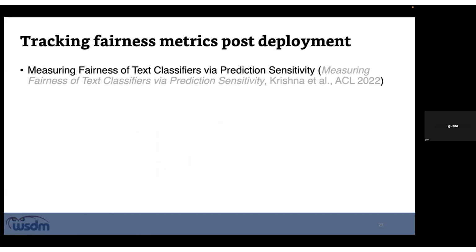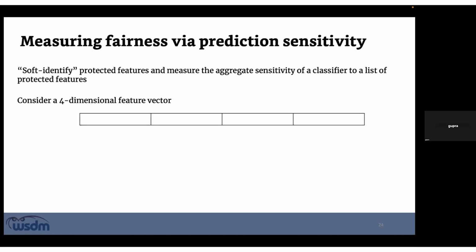Finally, I'll talk about tracking metrics post deployment. This is another paper that we published at ACL. The idea here, I'll try to summarize briefly in two figures. Generally, when you have a classifier in production, there's some sort of a feature vector. Here I'm just depicting it using a four-dimensional feature vector. This is the feature vector on which your model makes a decision.